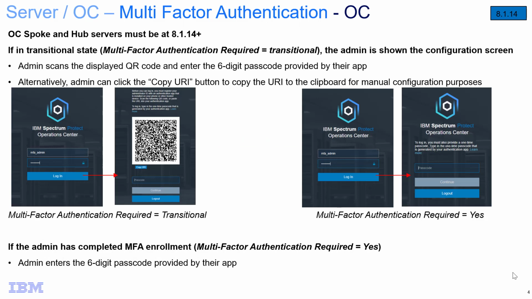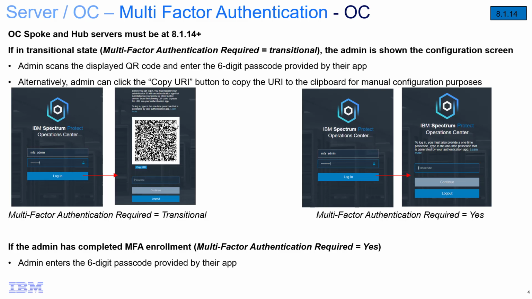For the Operations Center, the Spoke and Hub servers have to be at version 8.1.14 and above to support multi-factor authentication. When an administrator logs on to the Operations Center, so they enter their admin ID and their Spectrum Protect admin password, if they are in transitional state, they will see this screen here where they can either scan this QR code or they can copy this URI, and they'll enter or scan this to an application either on their phone or on their desktop.